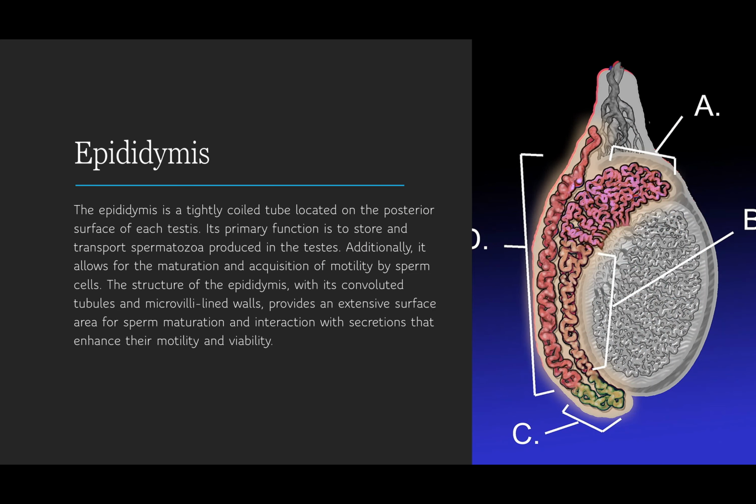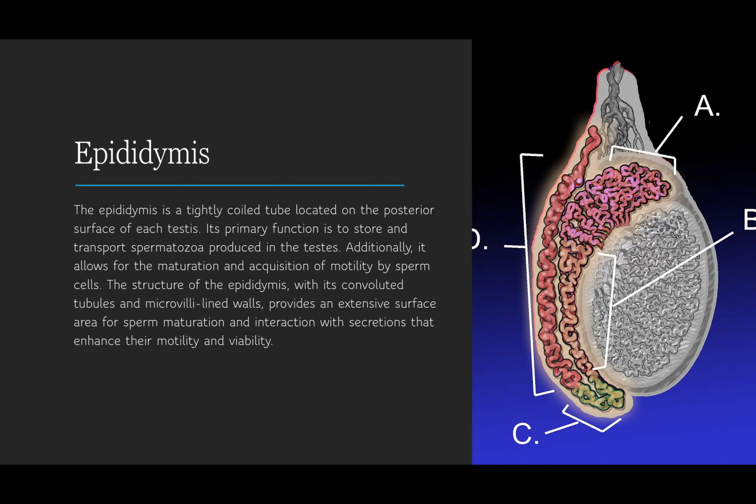We have the epididymis, which is a structure nestled right on top of our testes. The epididymis is a tightly coiled tube located on the posterior surface of each testis. Its primary function is to store and transport spermatozoa produced in the testes. Additionally, it allows for the maturation and acquisition of motility by sperm cells.